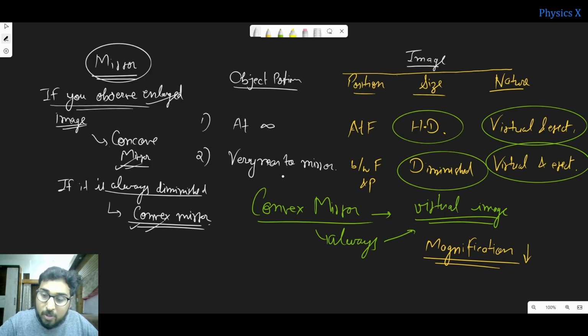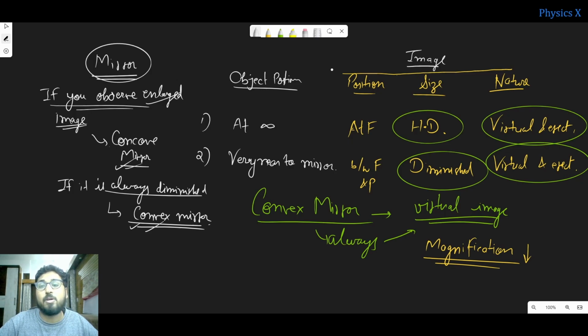Now, one more important thing is that we must learn some formulas, because sometimes there will be a relation between focal length, image distance, and object distance. You need to understand these formulae, and then we will solve numericals.